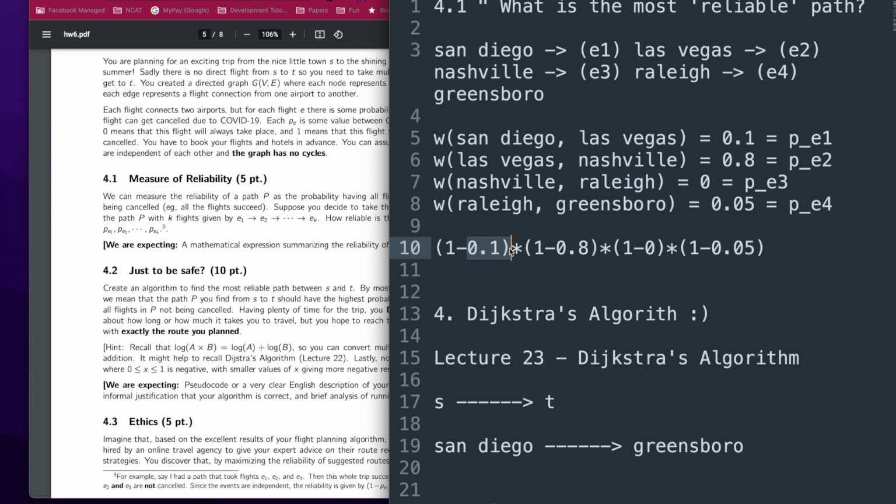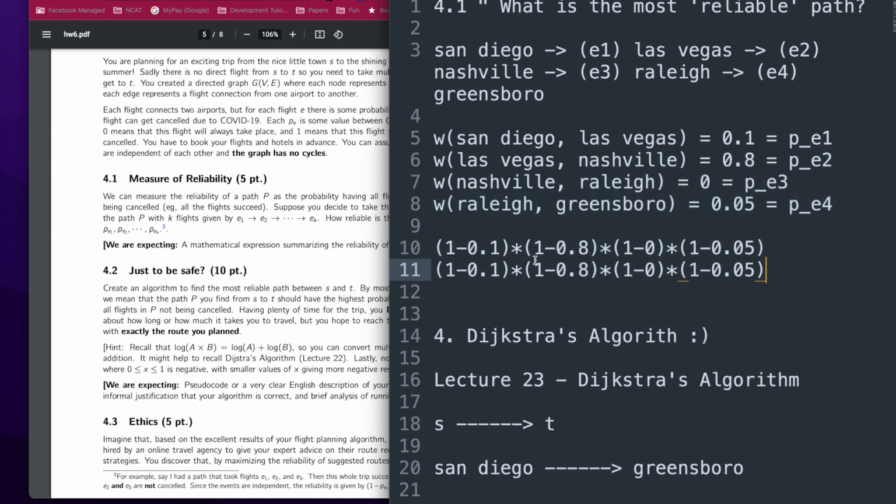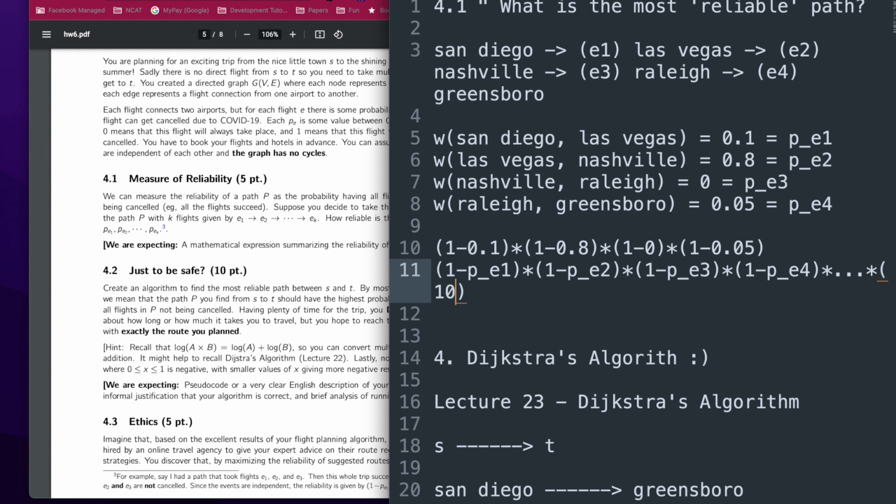And then what we can do is generalize this. This is a specific example, but it's not too hard to generalize it by saying 0.1 is P(E1), 0.8 is P(E2), 0 was P(E3), and 0.05 was P(E4). So for an arbitrary path, it looks like what we do is multiply all the probabilities of not canceling.